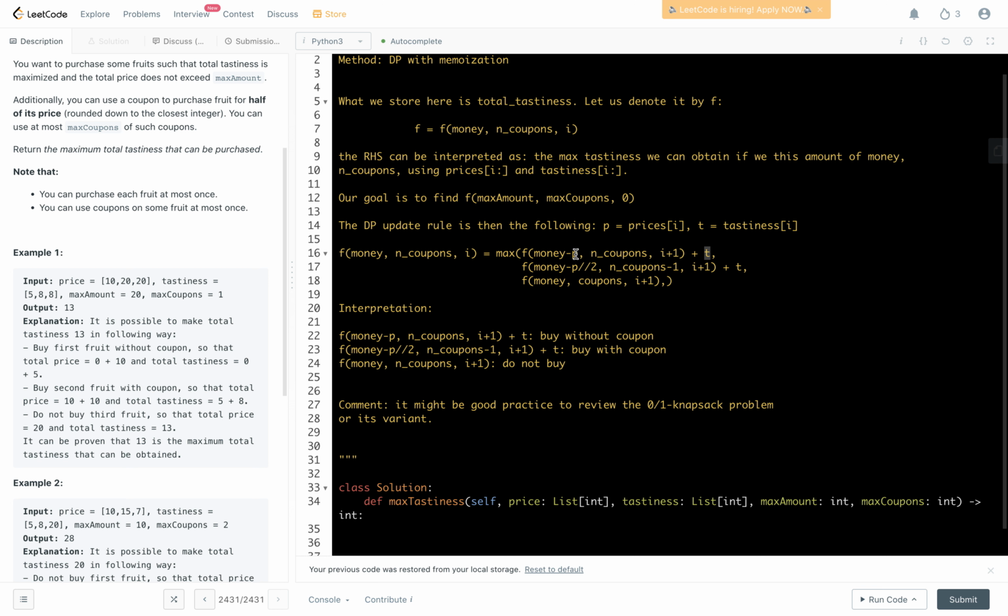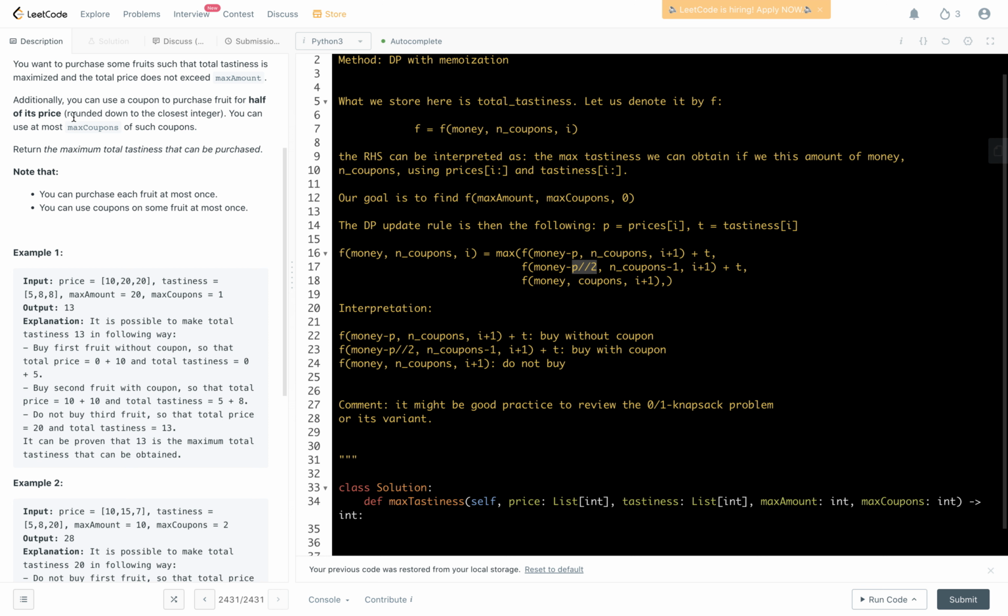The first item: we subtract the price P, and then we look at the next index, but we add T. T is tastiness. So it means that we try to buy but without using a coupon. If we buy, our money is decremented by P, and because the bought fruit has tastiness, we increment the tastiness by T.